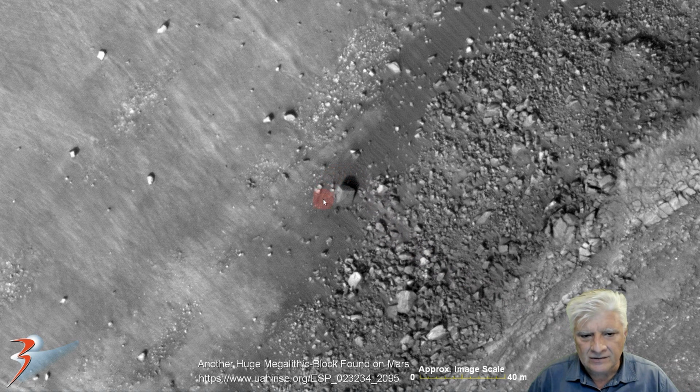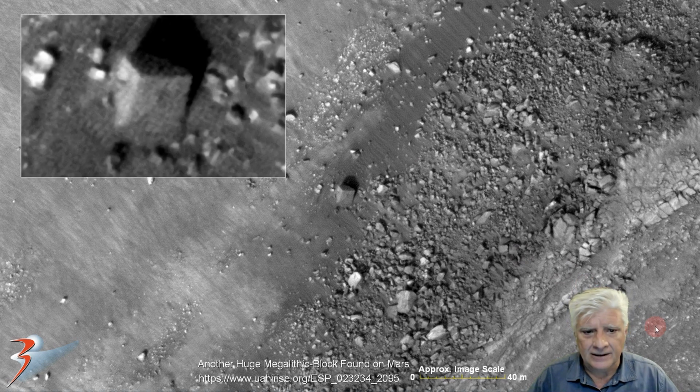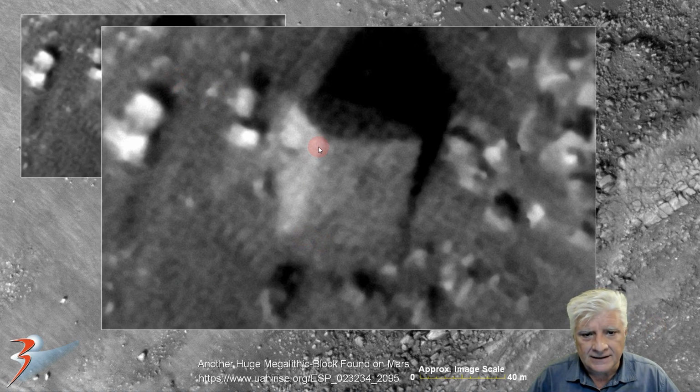And then we get to these huge megalithic blocks, and I'm only showing you a select few examples. You know that I've found so many already. So let's have a look at that block up close. Check out the straight edges and right angles to it, uniformity in the width, and it seems to be partially covered in sand.